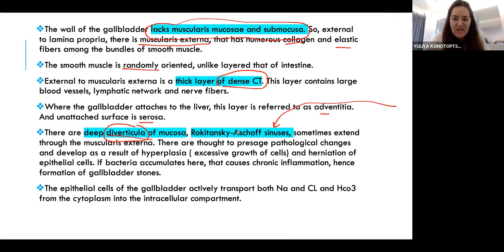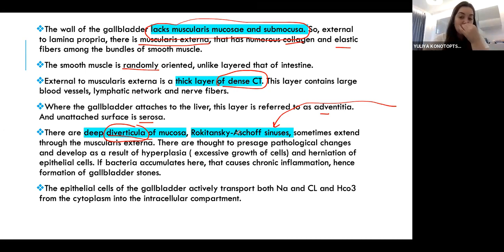But Rokitansky-Aschoff sinuses are not coming out. On the opposite, they're growing into the wall of the gallbladder, protruding into the entire thickness of the wall. They are simply a bunch of epithelial cells.